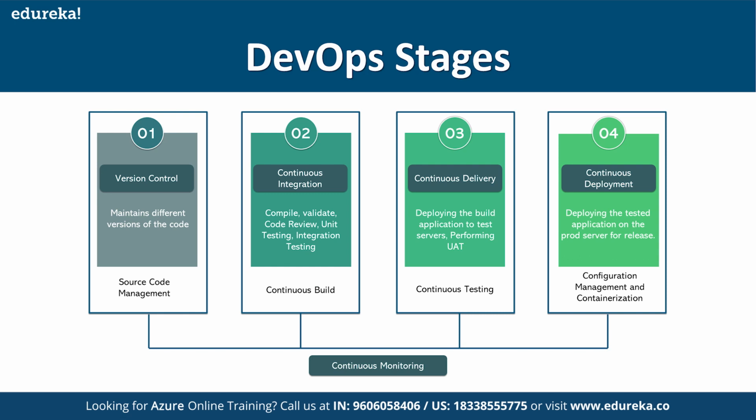First we have version control, which is source code. Second, continuous build. Then testing is in your delivery, and in continuous deployment you have configuration management and then containerization. Once the release has been done, it's only about management, containerization, and configurations.